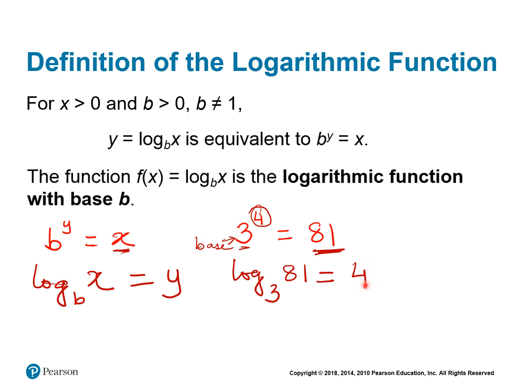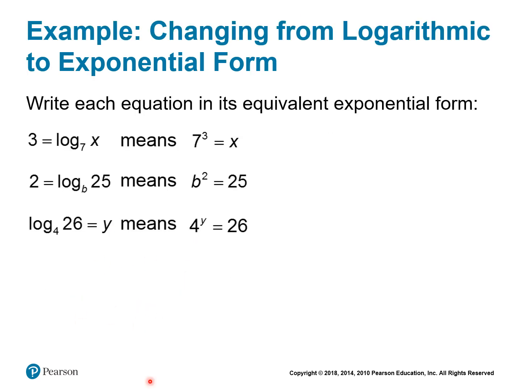So that's the explanation of a logarithmic function, and also an understanding of the relationship between exponents, exponential expressions, and logarithmic expressions. Now let's go through this set of examples where they show us how to change from logarithmic to the exponential form. Keep in mind that on the other side of a logarithmic expression, we always have the exponent.